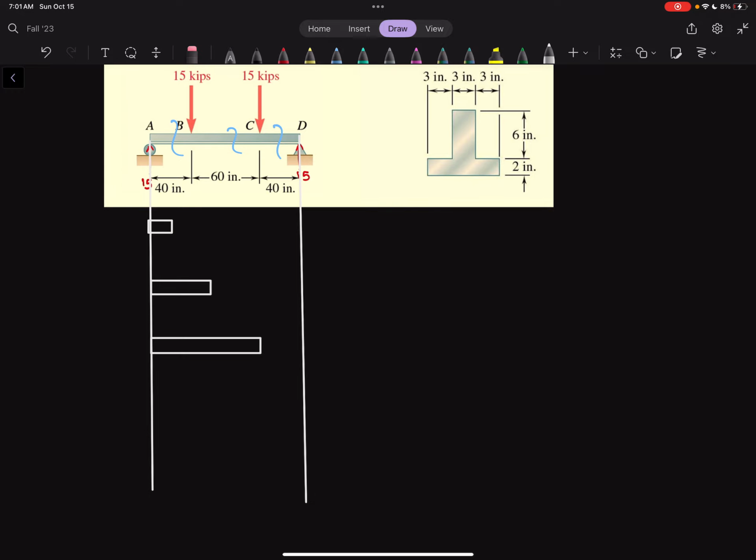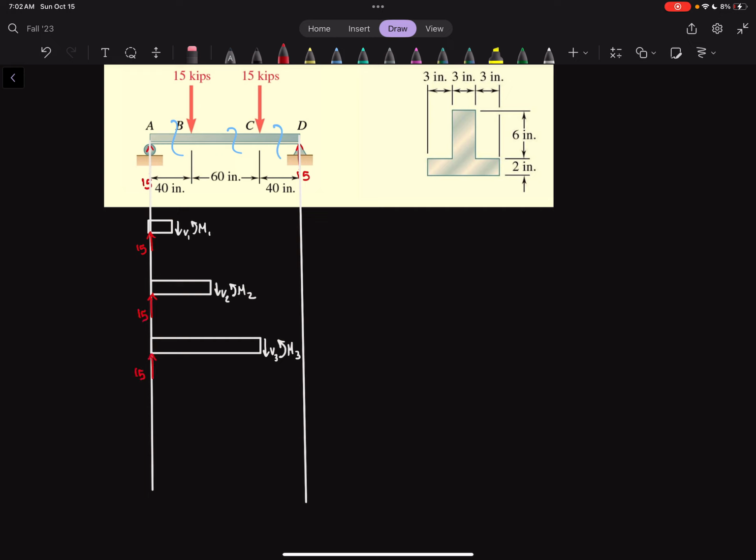So what we want to do here is we have our shear V1, our M1. Here we have our shear V2 and our M2. Here we have our shear V3 and our M3. And then here we're going to have our 15 in all of these.